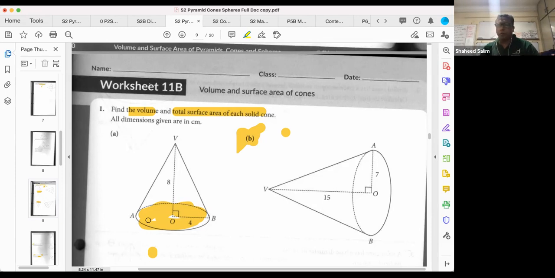Now remember, the formula for area is pi r squared. I'll write down the formula first. Pi times r squared. So 22/7 times 4 times 4, because the radius is 4. Do you do this? No, you must do this. Times 4 times 4. How much do you get? You won't get 39.5. What do you get?